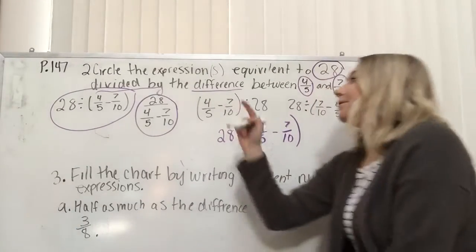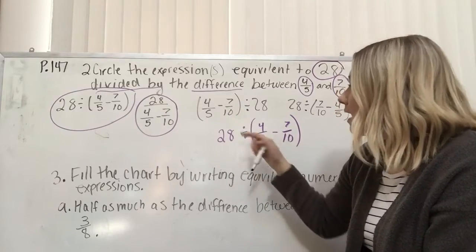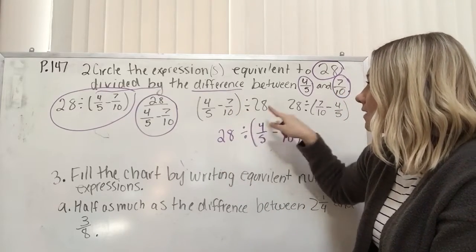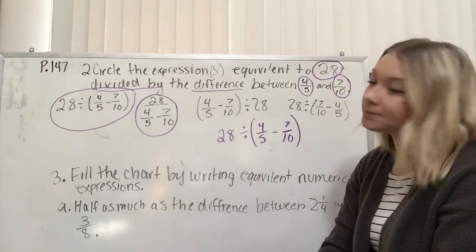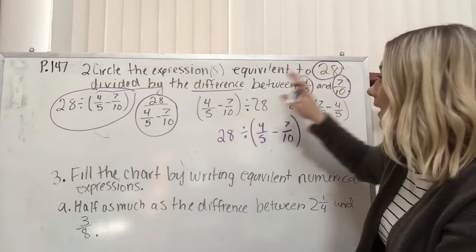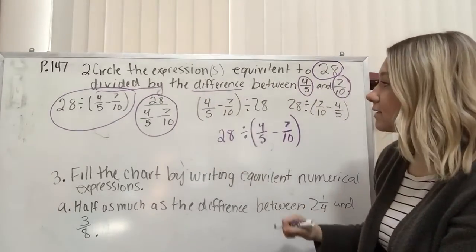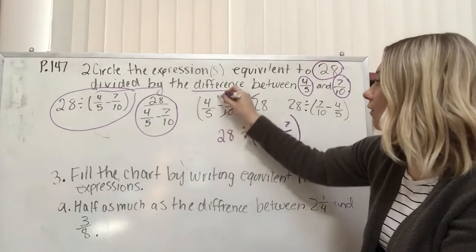So how about this one? 4/5 minus 7/10, and then we'd get that answer, and then divide it by 28. Is that equivalent? No, right? Because we want to divide 28 by the difference, not the difference by 28. Okay, so that's a no-go.